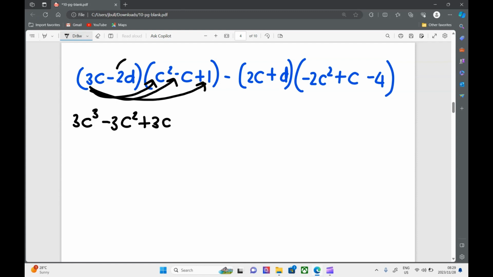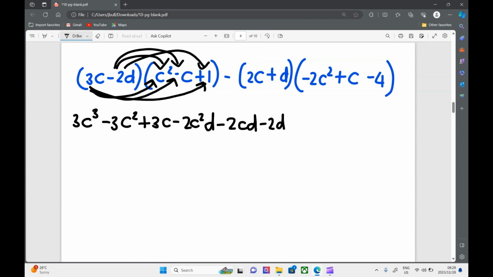Next up, minus 2d times c squared is minus 2c squared d. Minus 2d times minus c is minus 2cd. It doesn't matter what order, we usually just do it in alphabetical order, so that's why I'm putting the c first. And then minus 2d times 1 is minus 2d.